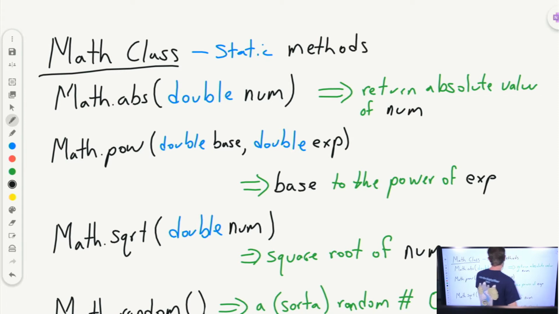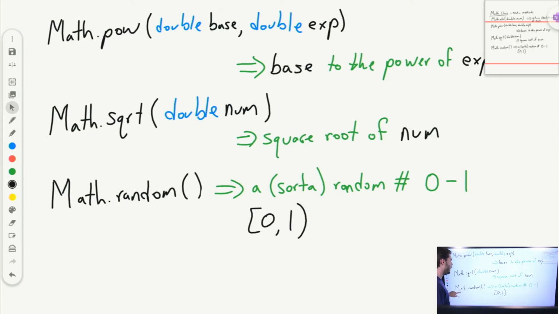We'll learn more about static later, but basically it means the method belongs to the class and not to an object itself. So we don't create a new object. We simply write Math with a capital M, dot abs, and then we give it the parameters and it will do the whole thing for us. We don't have to create a new Math object.